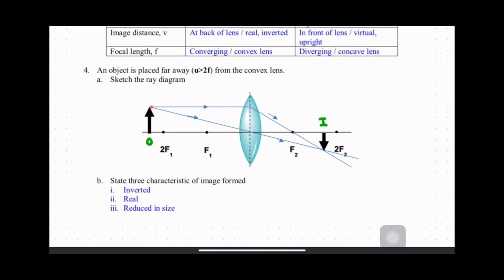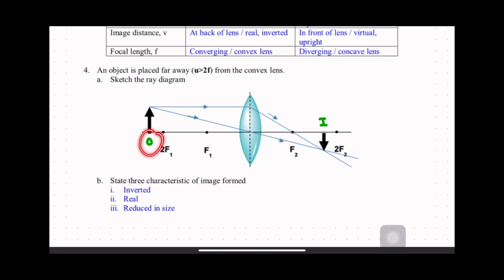First ray iaitu parallel to the principal axis, and then sampai center of the lens, and then kita pass through focus point. Itu adalah ray yang pertama. And then ray yang kedua adalah from object pass through the center of the lens, and then go straight until intersect between ray 1 and ray 2. Itu adalah image produced.